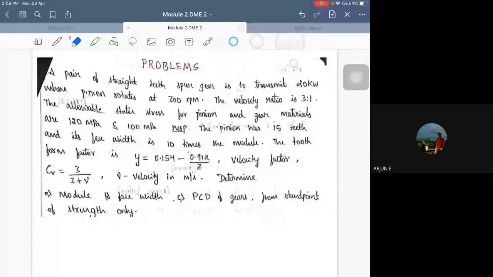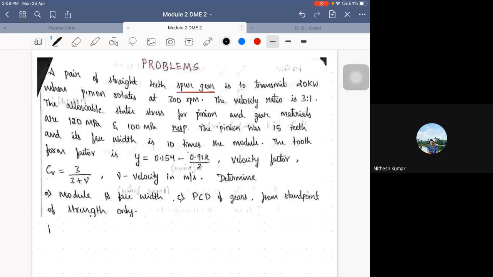Okay. So first identify the gear as I said. Which gear is given here? Which pair is being given? Whether it is spur, helical, worm, or bevel. Spur gear. It's a spur gear, isn't it? It is used to transmit the power. So power is being given, just write it down.